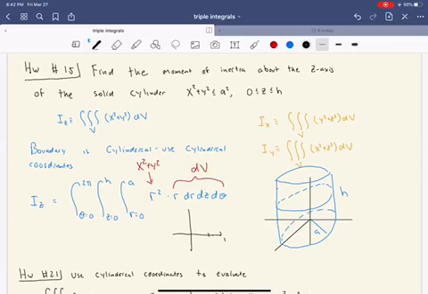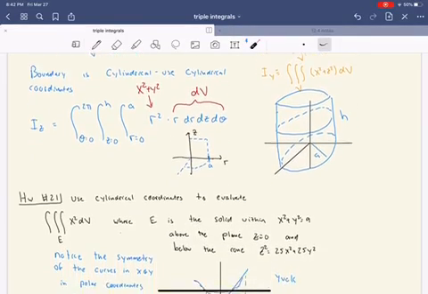Here's r, here's z. r goes from 0 to a, and then you have this thing rotated around the z-axis. That's what's going to give you the cylinder.